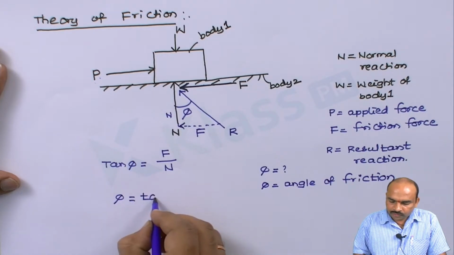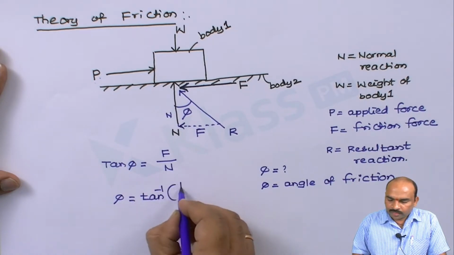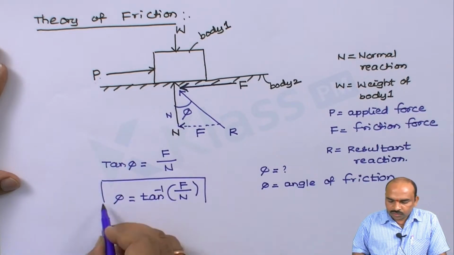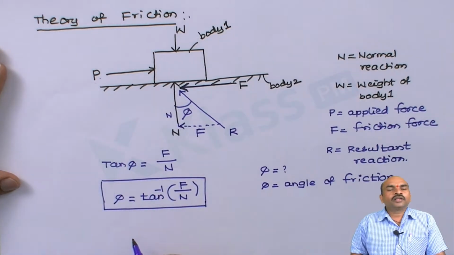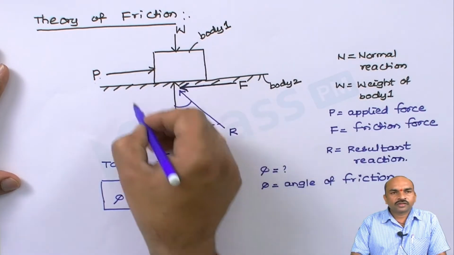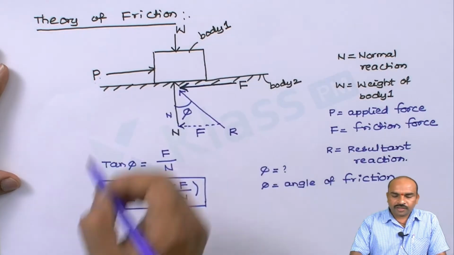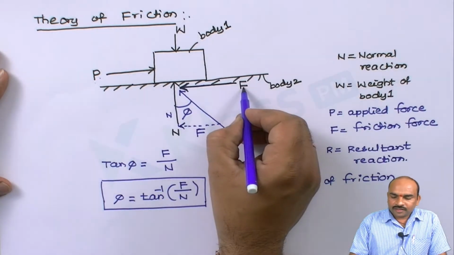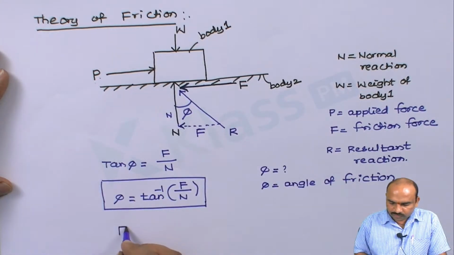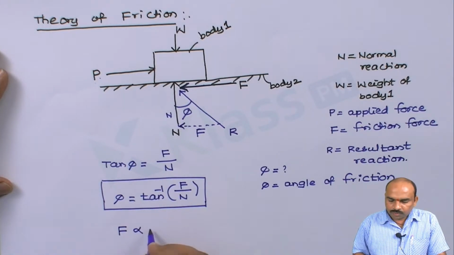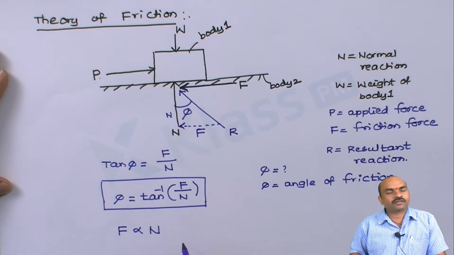You can calculate the angle of friction with the help of this formula: phi equals tan inverse of friction force F divided by normal reaction N. But from the concept of friction, if you observe the diagram, the friction force F will always be proportional to the normal reaction.